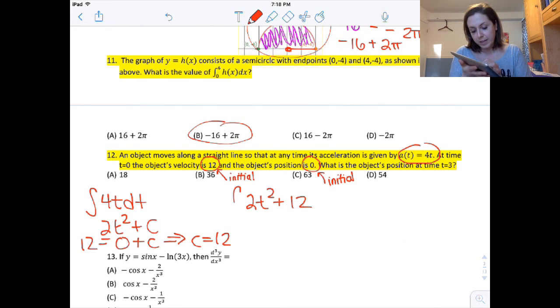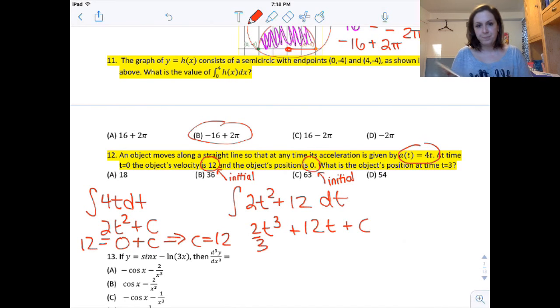So the integral would be 2/3 t cubed plus 12t plus c. And they tell me that my initial position is 0, so c is 0.